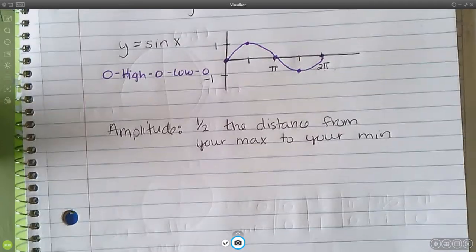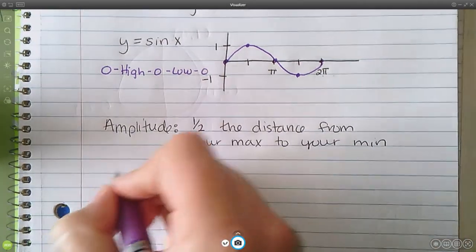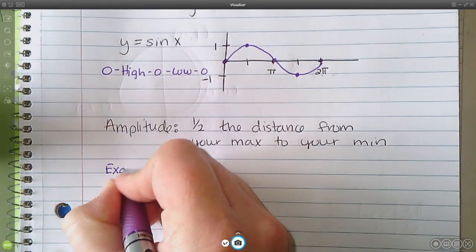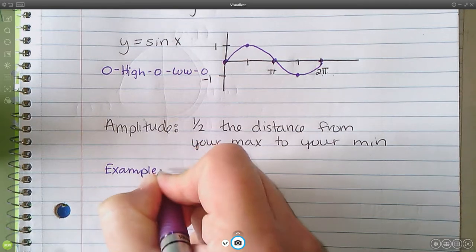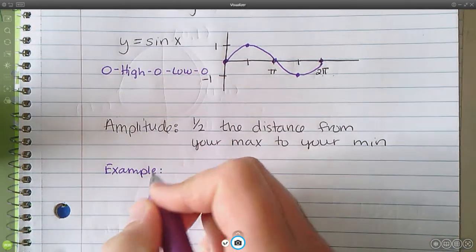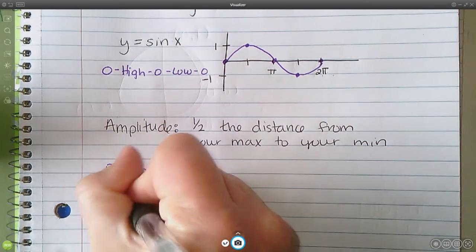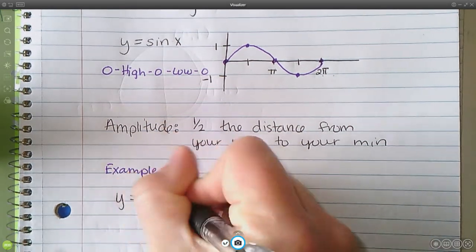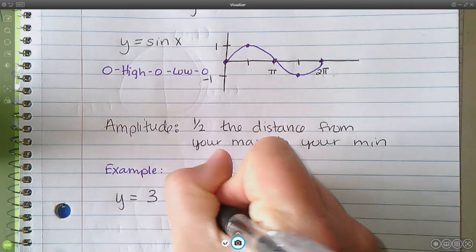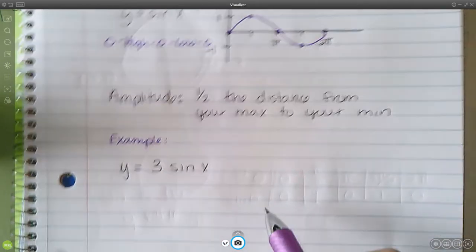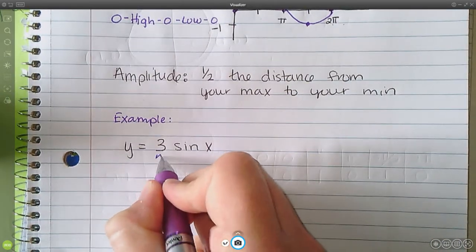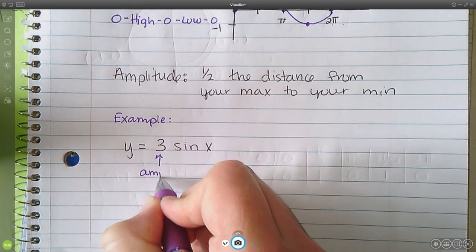So the amplitude, okay, so let's do an example. So an example would be y equals 3 sine of x. So this number right here, this number out front, this is always going to be your amplitude.